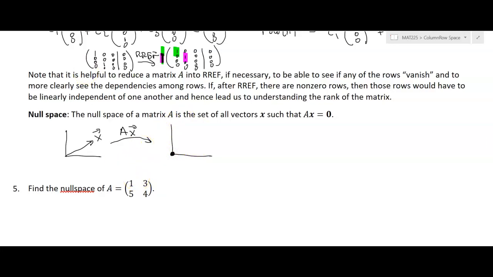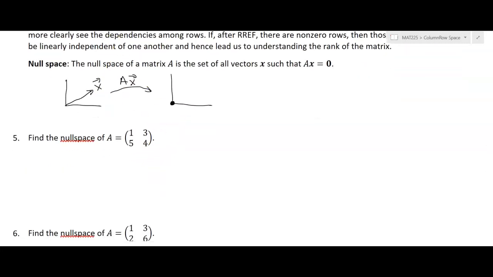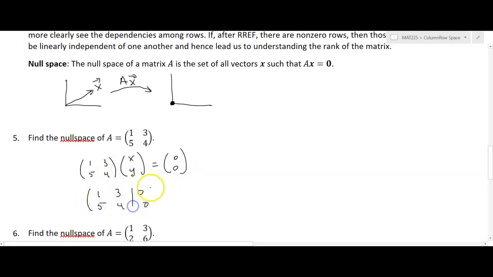So to find that, and finding it is, again, just using some reduced row echelon form concepts, I'm asking, okay, the matrix 1, 3, 5, 4 times what vector gives me the 0 vector. And so I can build my Gaussian matrix and perform reduced row echelon form on that. And so I will get 1, 0, 0, 1.